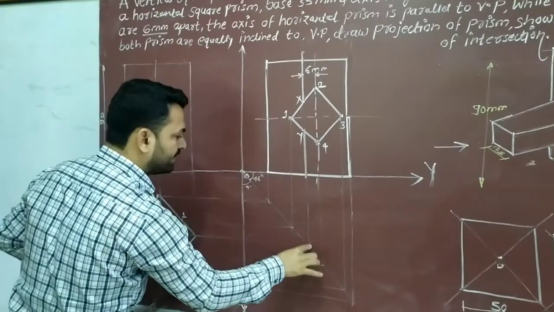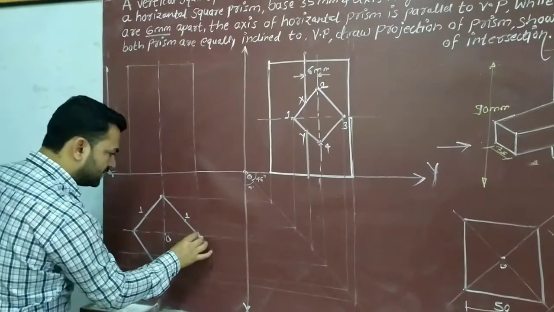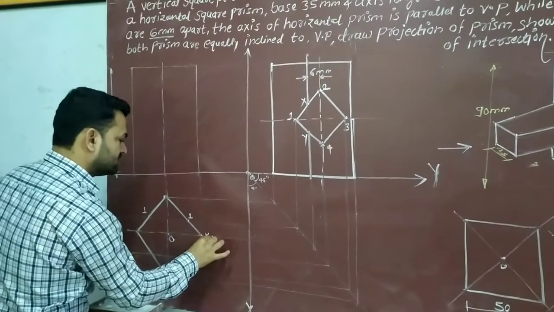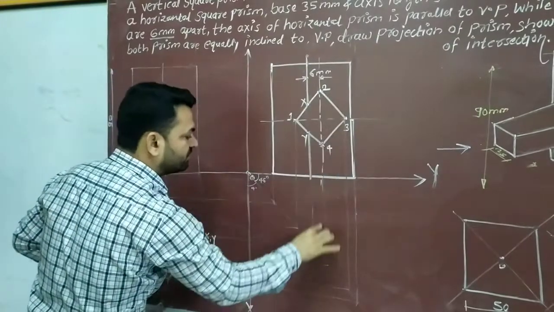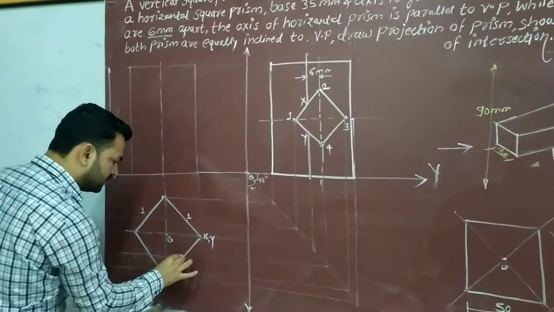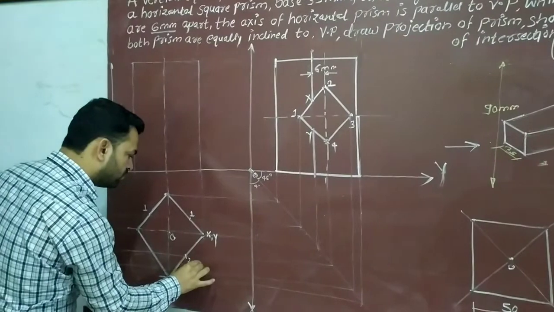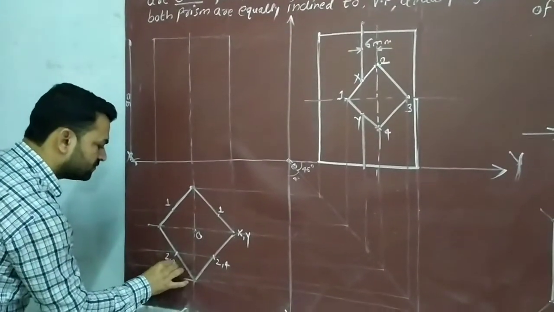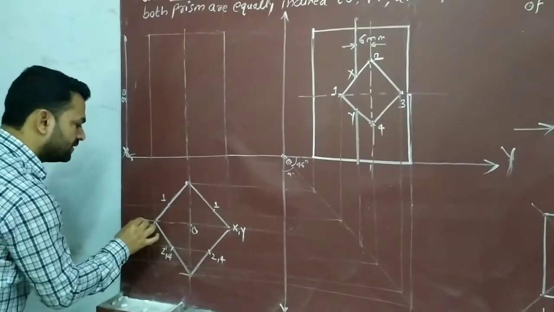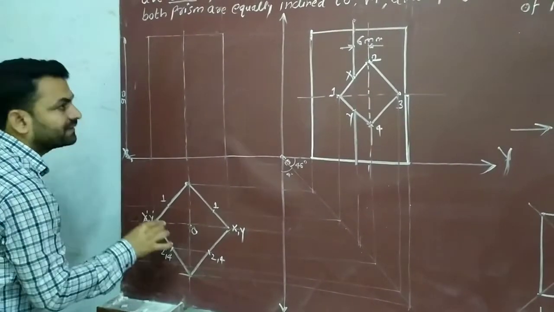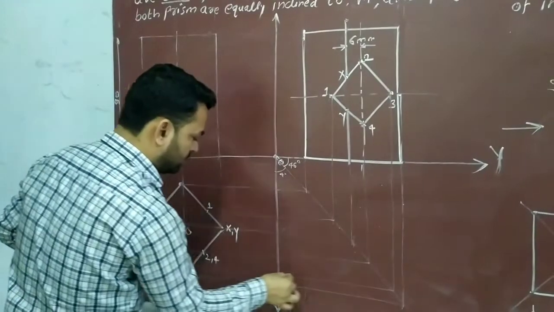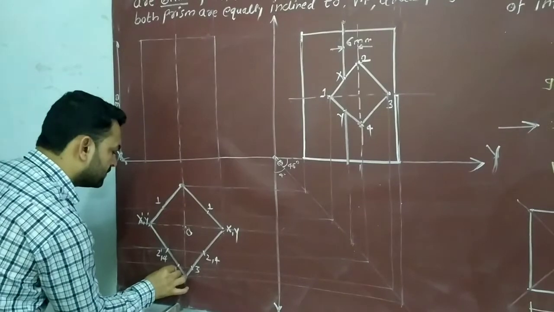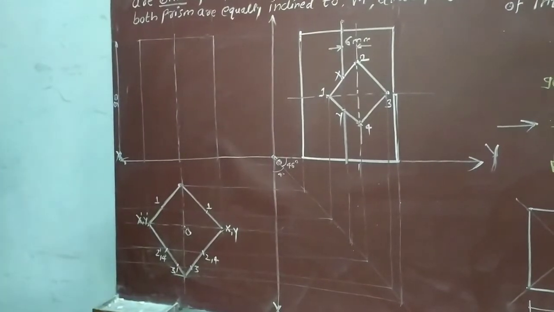This is X and Y. Here is point X, Y. Then 2 and 4. This is the point 2 and 4. Here is again 2 dash, 4 dash, and here again X dash and Y dash, and the last point is 3. So this is the projection of point 3. Here is 3 dash. So these are the points.